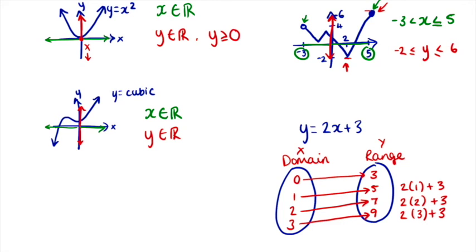And that's another way that we can look at the domain and the range. So in this instance, the domain, the x values, would be the set of numbers 0, 1, 2 and 3, and the range, the y values, would be the set of numbers 3, 5, 7 and 9, and that's my range.